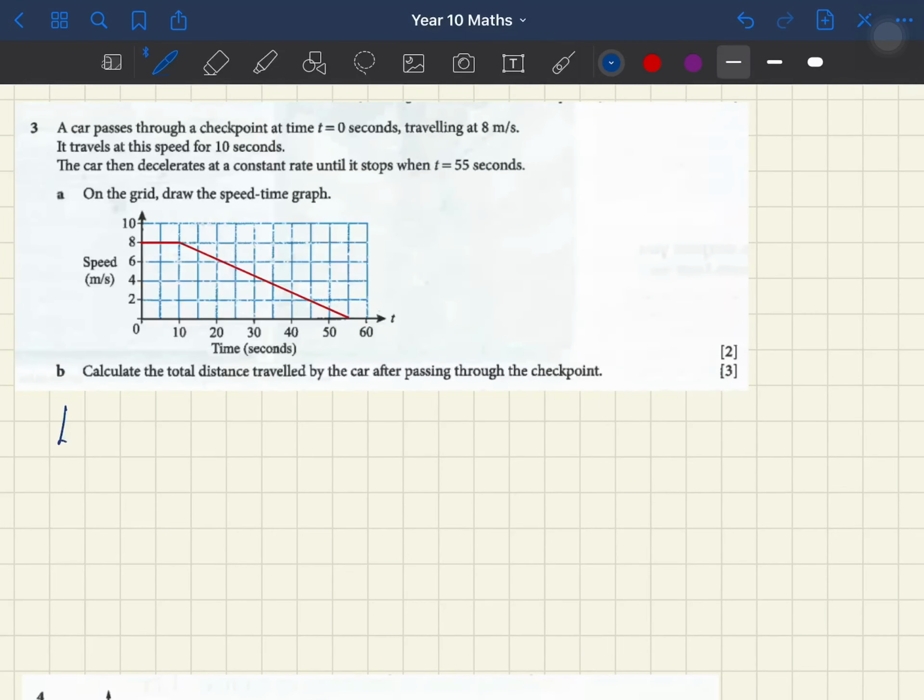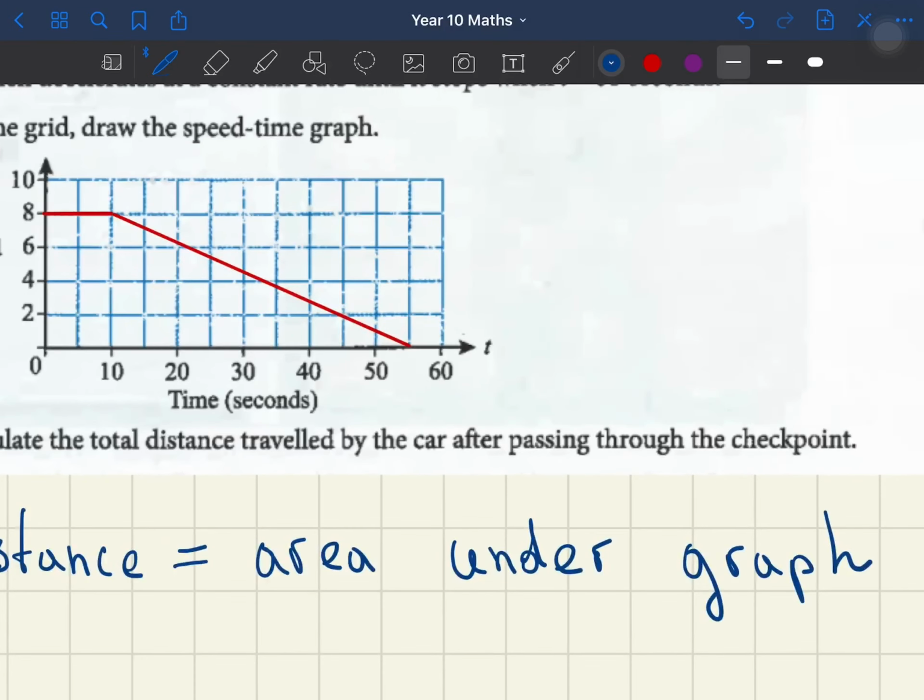So again, for a speed-time graph, distance equals area under the graph. We can find the area under this graph pretty easily. We can divide this into a rectangle and a triangle.